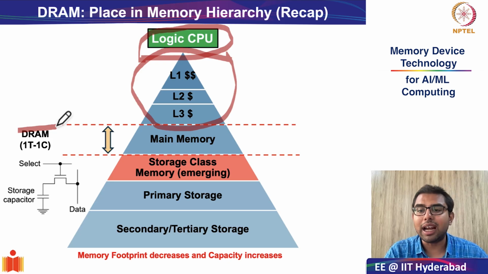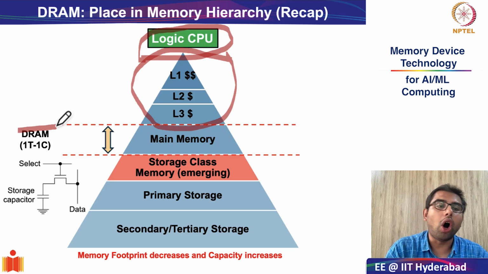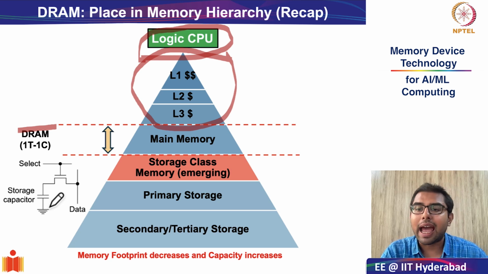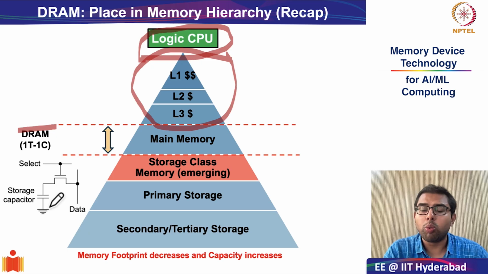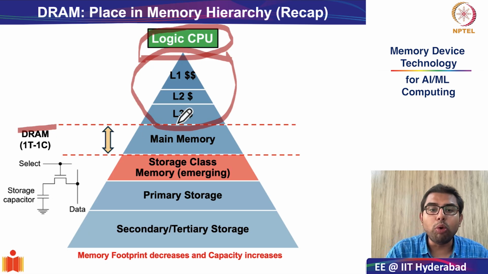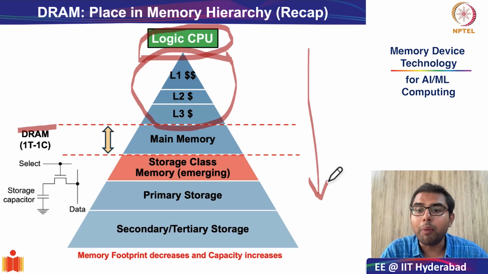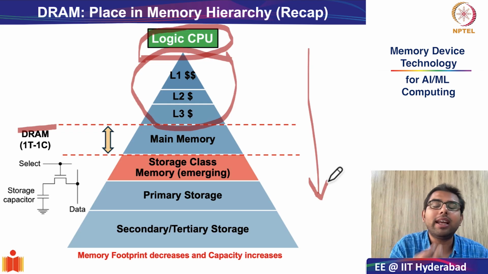This DRAM cell constitutes of one transistor and one capacitor only. Okay, so why is this the case? Remember, as we move away from the top, we start compromising on the latency or the speed.